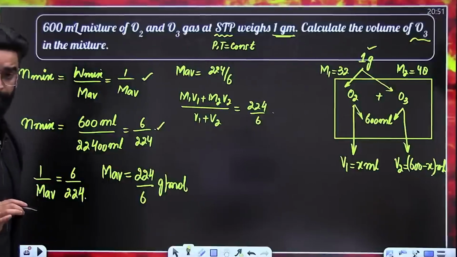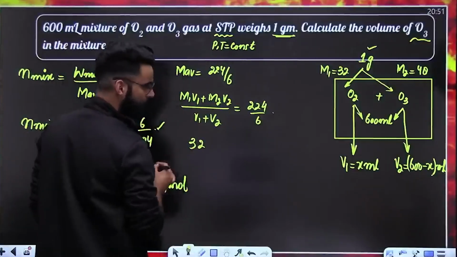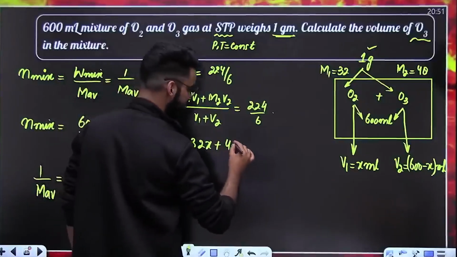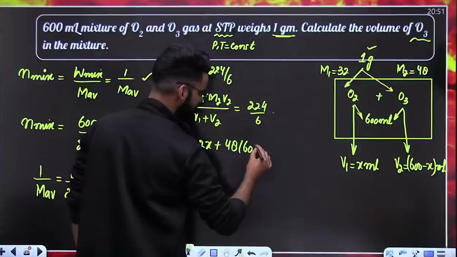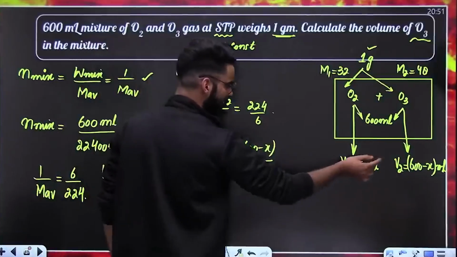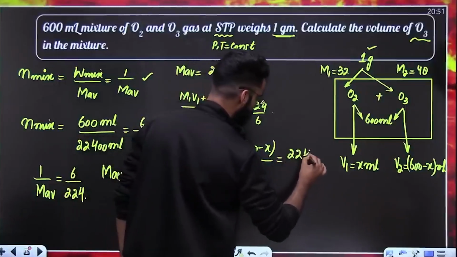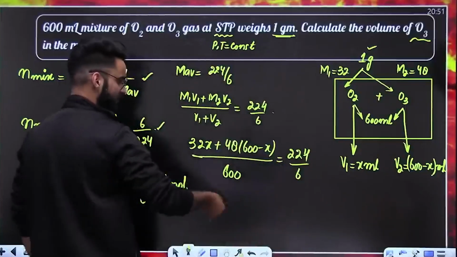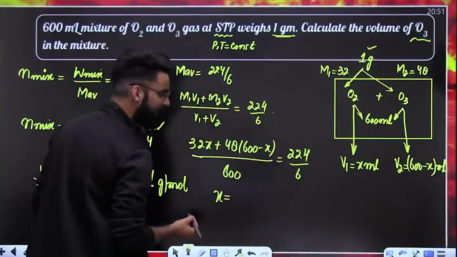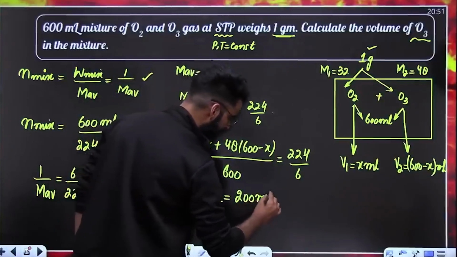M1 value is 32, V1 is X, M2 value is 48, V2 is 600 minus X, divided by V1 plus V2, which comes out to be 600. This is equal to 224 divided by 6. It is a matter of cross multiplication to get the value of X, and after solving, you'll get it as 200 ml.